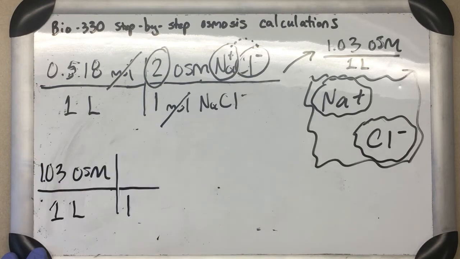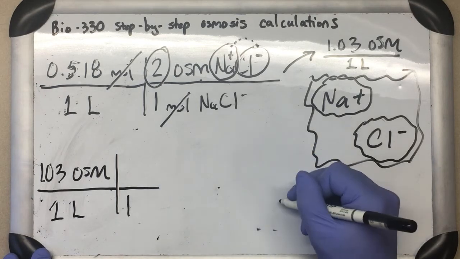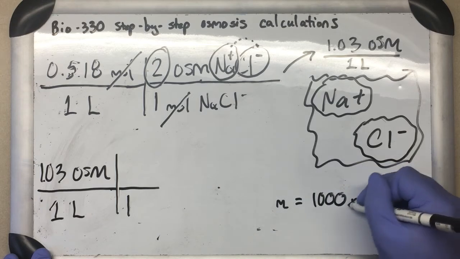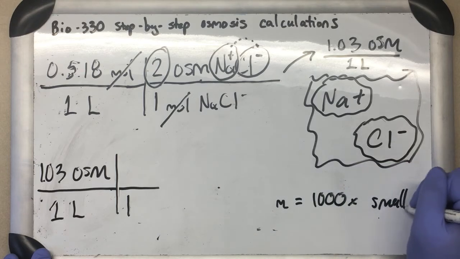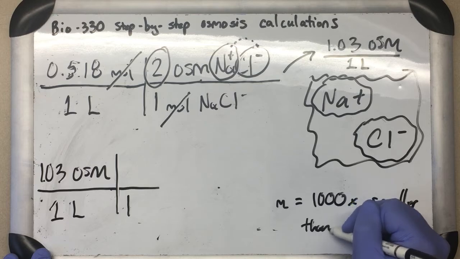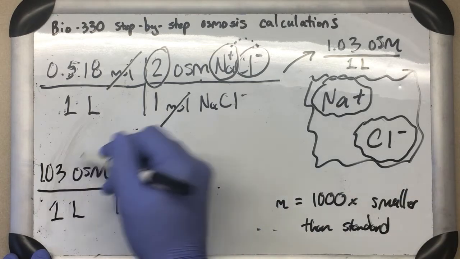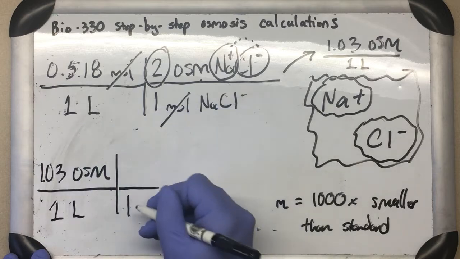And to measure the way that we're doing it, most things are measured in milliosmoles. So remember, milli equals 1,000 times smaller than standard. So you can do the same thing here by making milliosmoles.